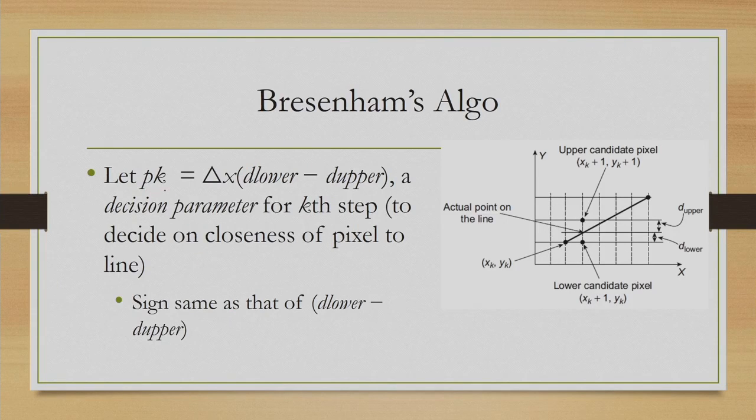Now, let us denote the left hand side by pk. We call it a decision parameter for the kth step. Now, this parameter is used to decide the closeness of a pixel to the line. Now, its sign will be same as that of the sign of the difference d lower minus d upper.